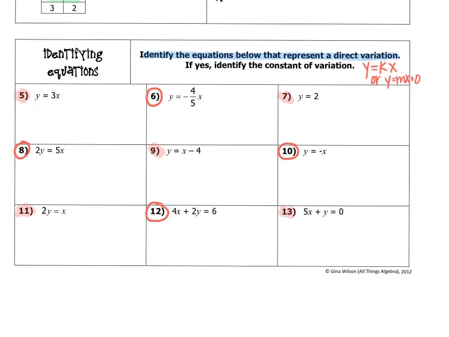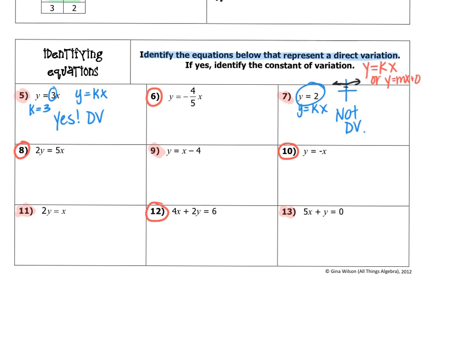In number 5, it is in the form of y = kx, and my k is 3, so yes, this is directly variated. Number 7, y = kx. I don't see an x there, so this is not directly variated. That's a horizontal line through 2.